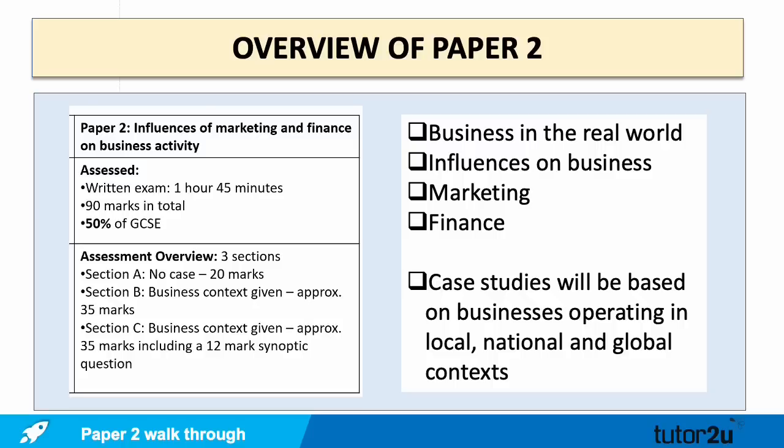Paper 2 is very similar in terms of structure to paper 1. It will be 1 hour 45 minutes and there will be 90 marks available. The paper is worth 50% of the GCSE marks.